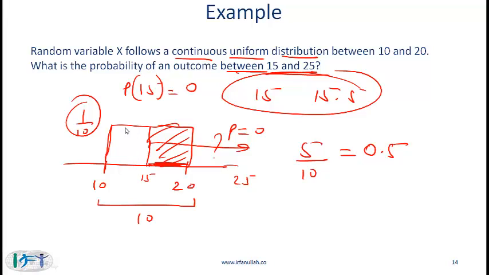And given that there are an infinite number of possibilities between 10 and 20, the probability of one specific number is effectively 0. So that's why there is always a range that we talk about in the context of continuous distributions or continuous random variables.